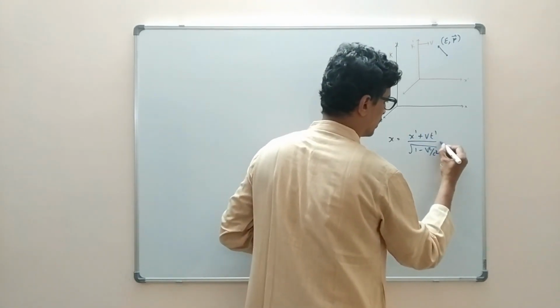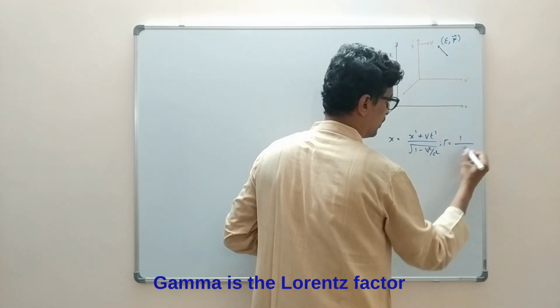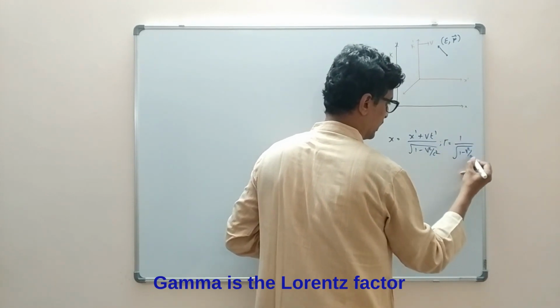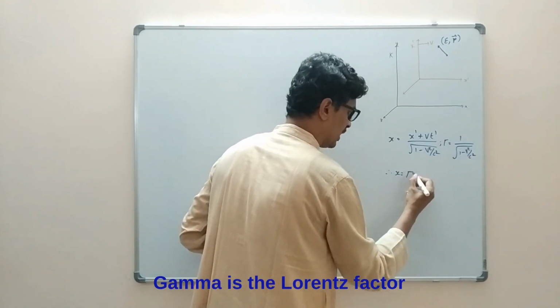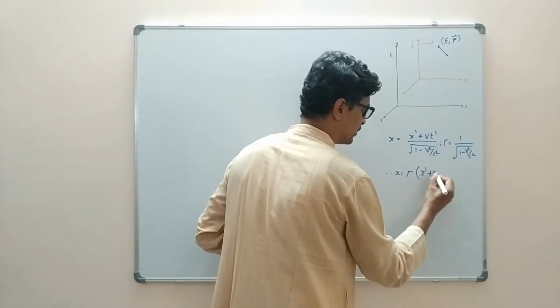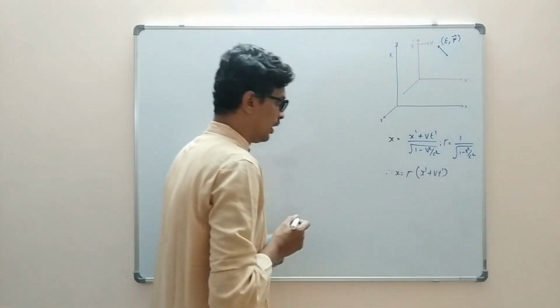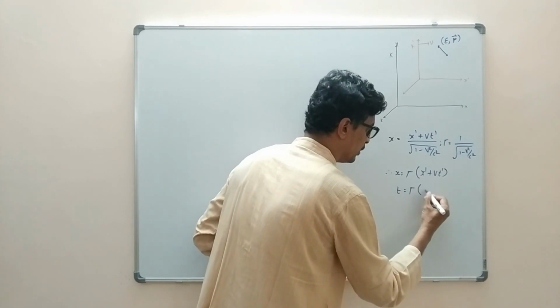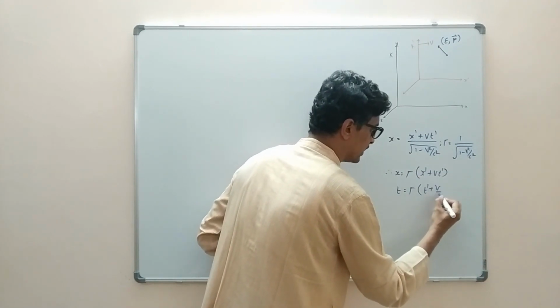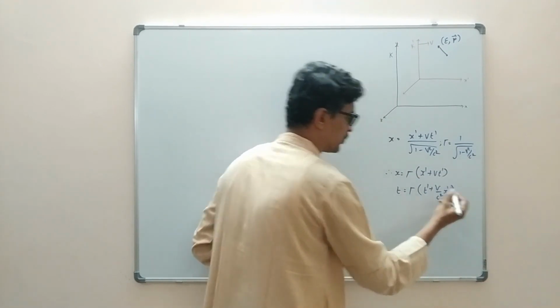We write gamma equal to 1 by root of 1 minus v squared by c squared. Therefore, x equals gamma times x prime plus v t prime. And similarly, time t equals gamma times t prime plus v by c squared times x prime.